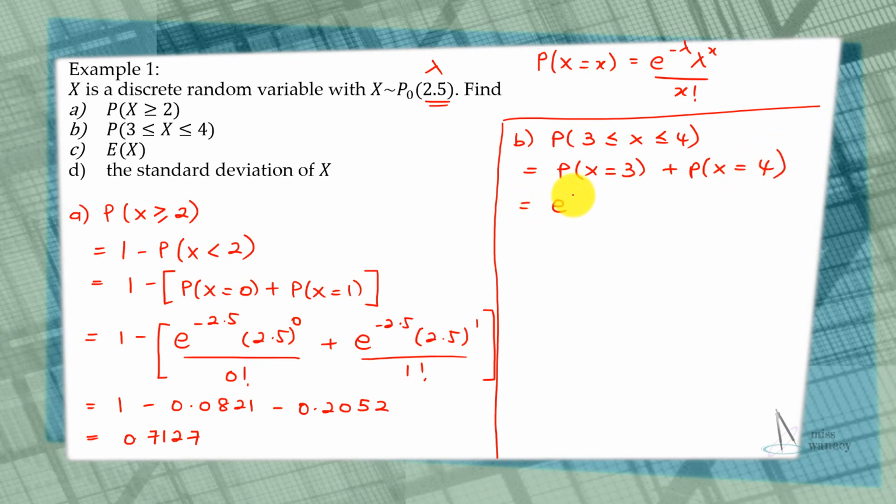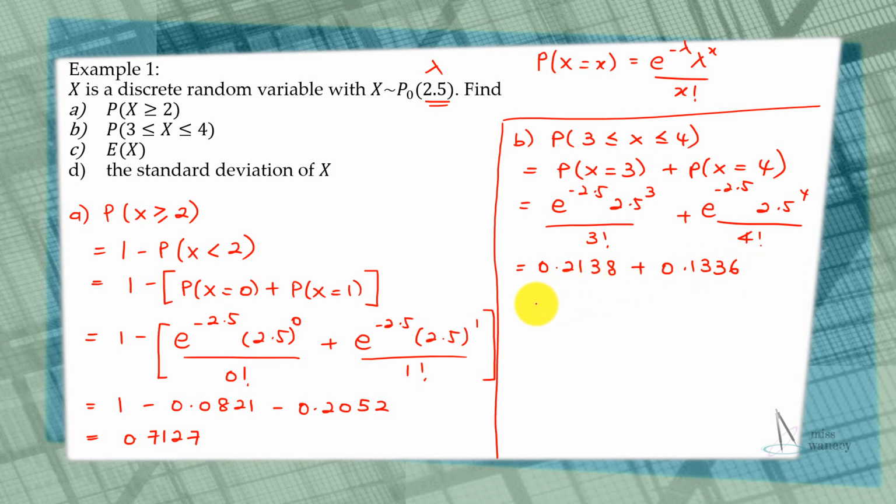So this is e to the power of negative 2.5, 2.5 to the power of 3 over 3 factorial plus e to the power of negative 2.5, 2.5 to the power of 4 over 4 factorial. And then once you use your calculator, this is 0.2138 plus 0.1336, hence this is equal to 0.3474. So this is the answer for B.